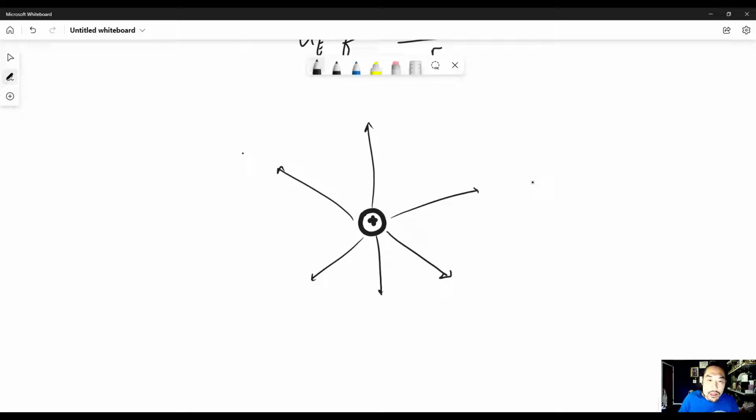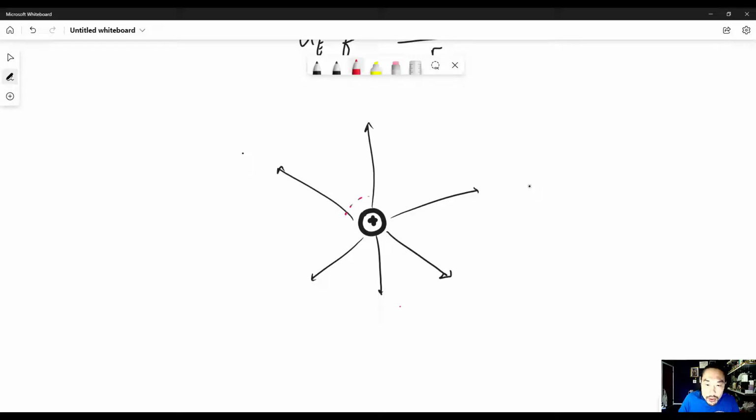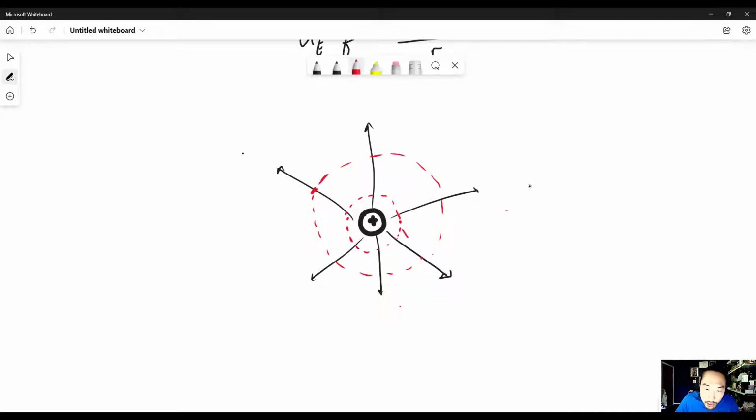Within the field lines, remember, we have equipotential lines, and I'll do this in red. We have equipotential lines, and equipotential lines are just another way of saying what is the voltage at that point. So let's say here our voltage is 10 volts. And out here we can say the voltage is 1 volt.